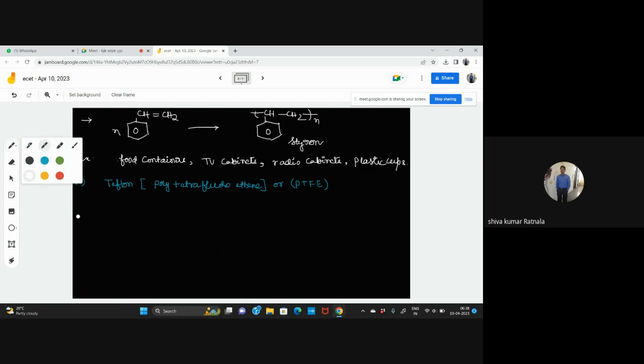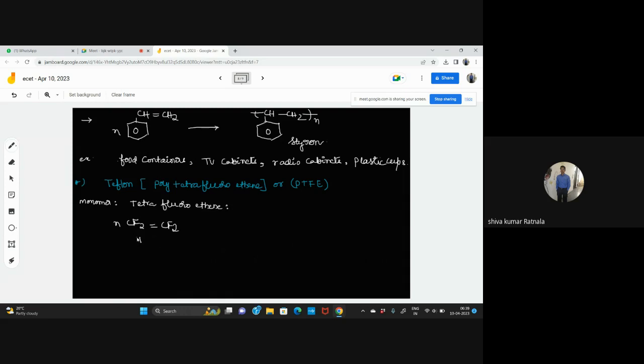In polytetrafluoroethane, the monomer unit is tetrafluoroethane. Tetrafluoroethane is CF2 double bond CF2.